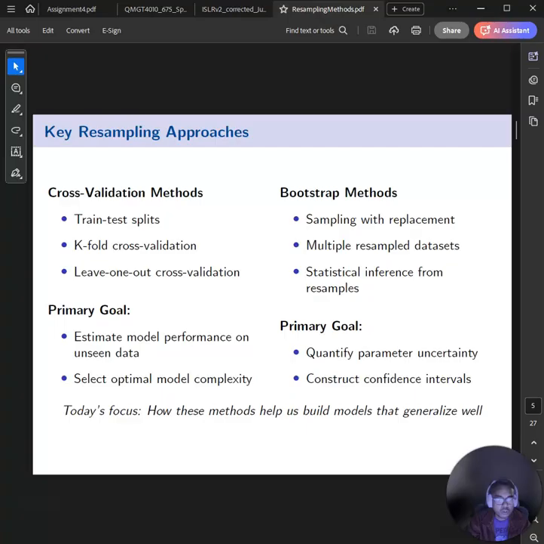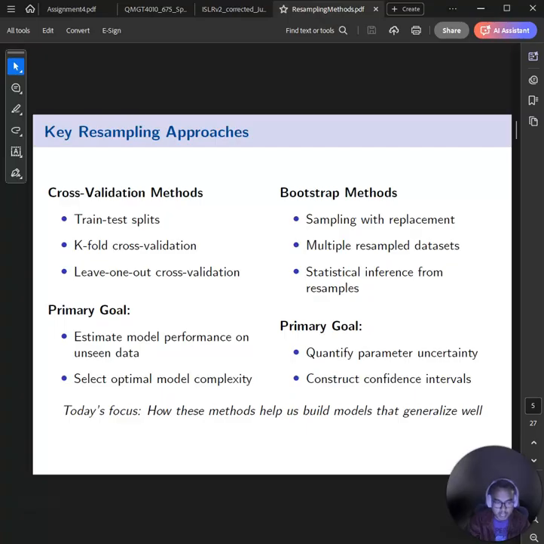The primary goal of cross-validation is to estimate how well our model performs on unseen data and helps us select the model that is best in terms of complexity. It is about finding that sweet spot where our model generalizes well without overfitting.